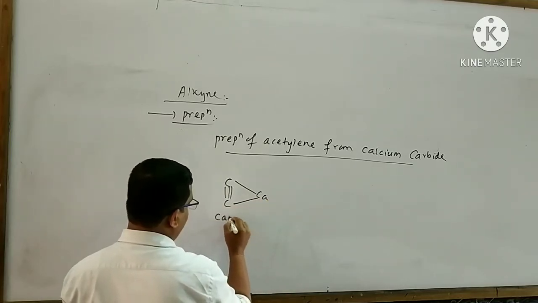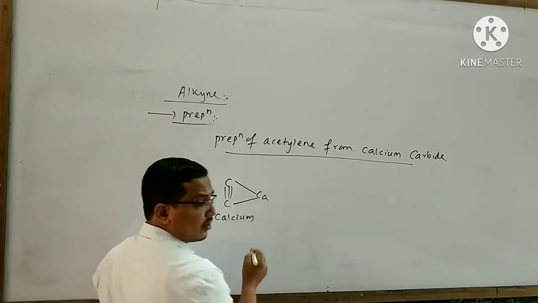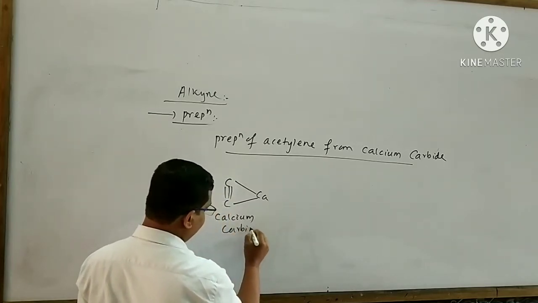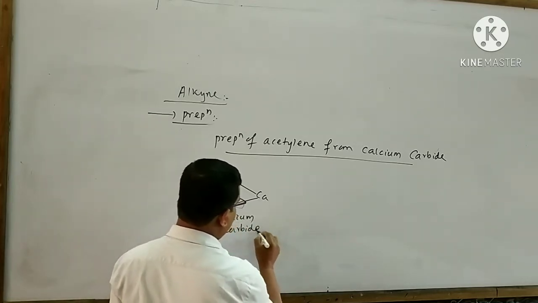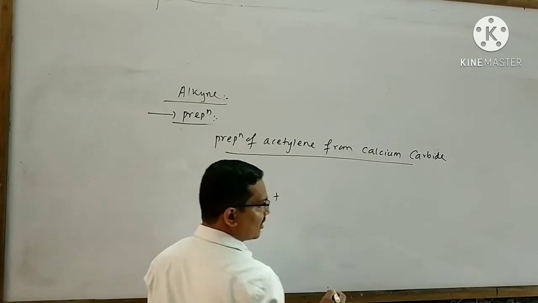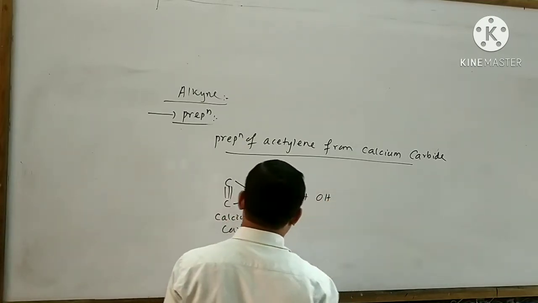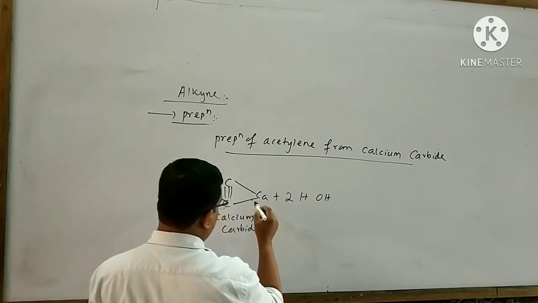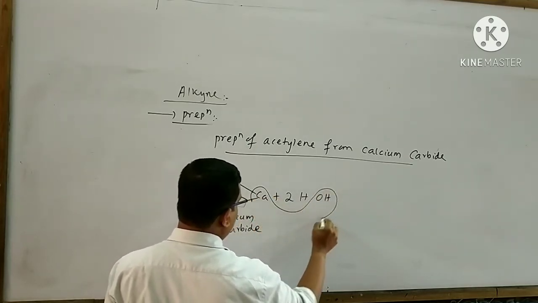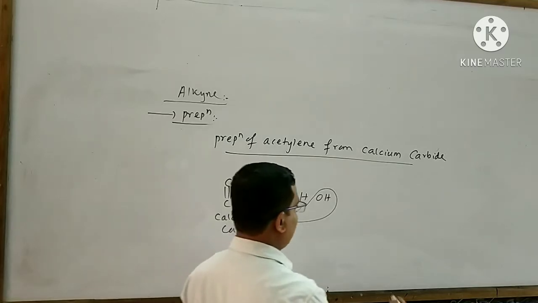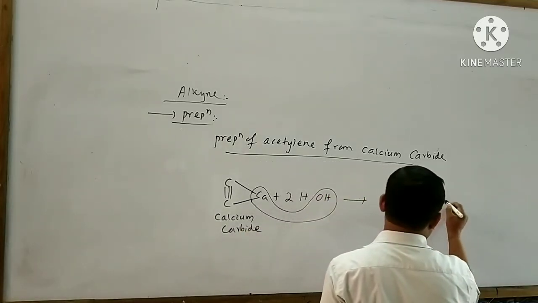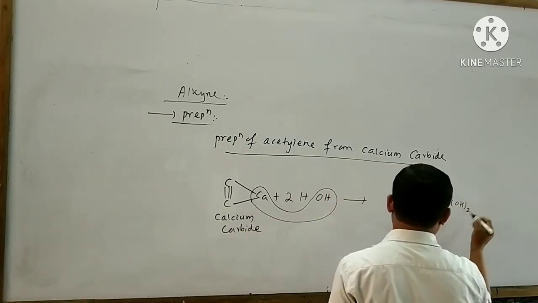This is said to be calcium carbide. Now calcium carbide is subjected to reaction with 2 molecules of water. Then what will happen? 1 molecule of calcium hydroxide is removed as a byproduct.